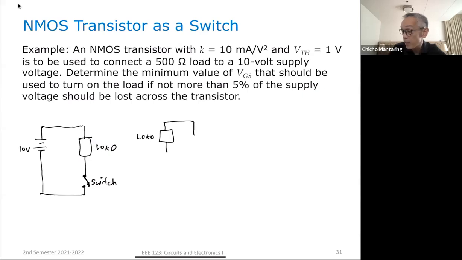This is now your supply, 10 volts. And then here, you put your NMOS transistor. And then this is now your Vin. So if Vin is less than VTH, your load is off.